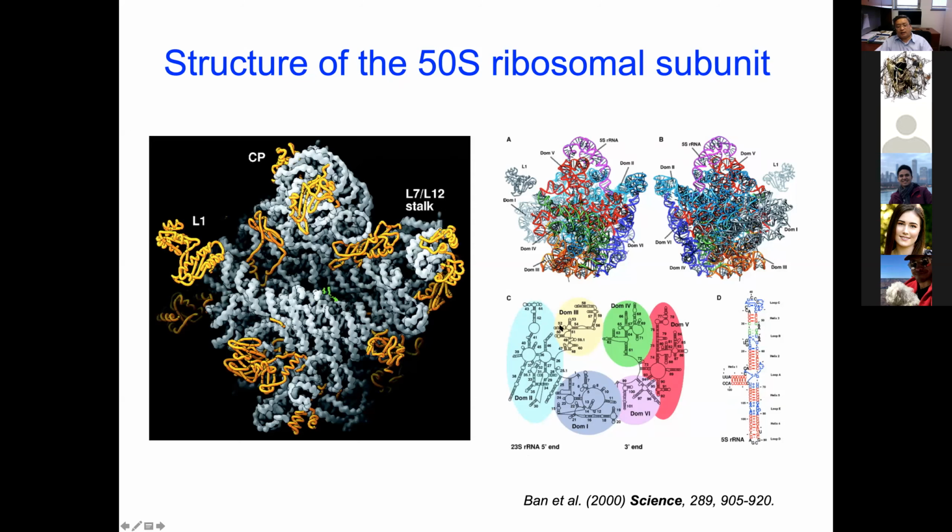Mostly through base pairing interactions, it can fold into a very complicated three-dimensional structure. And here you see the real structure, color-coded in the same way as this schematic showing how the 23S ribosomal RNA folds. And you see a lot of regions form double helices by base pairing.